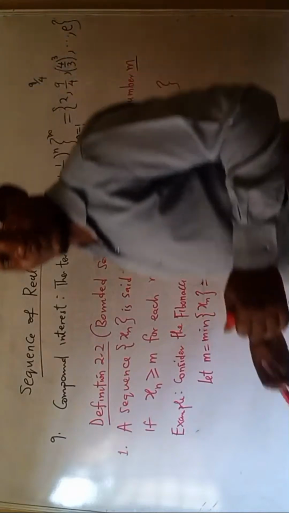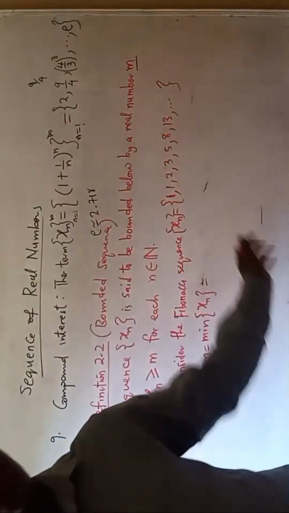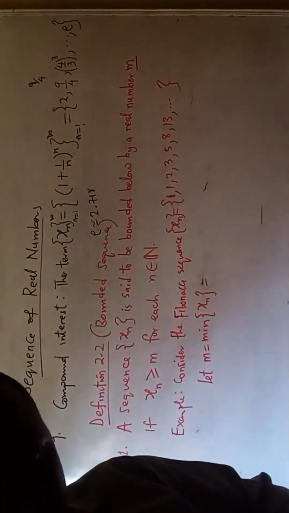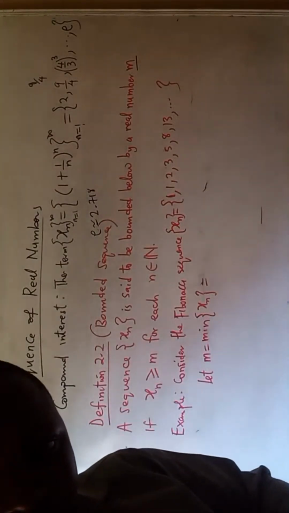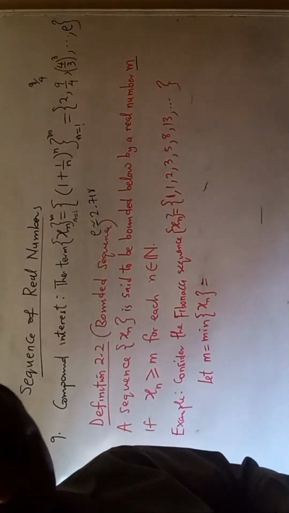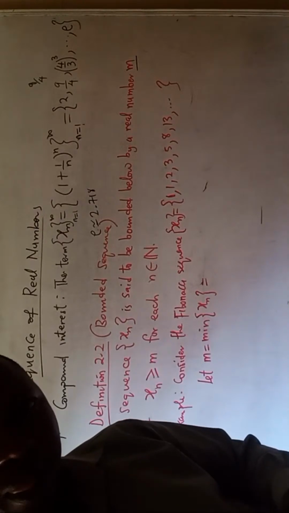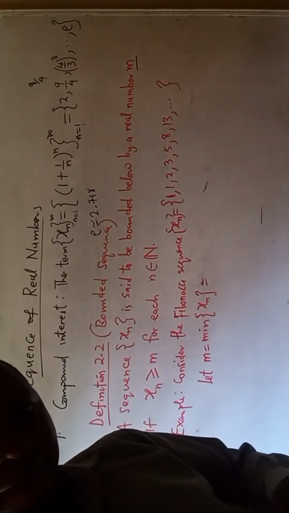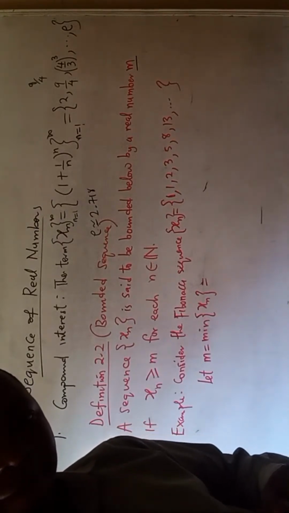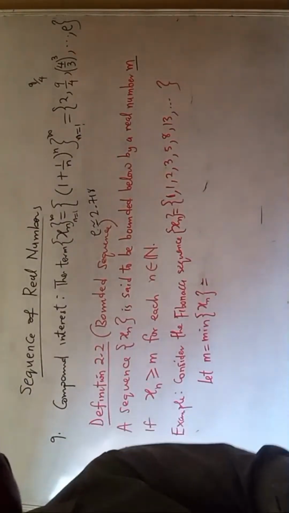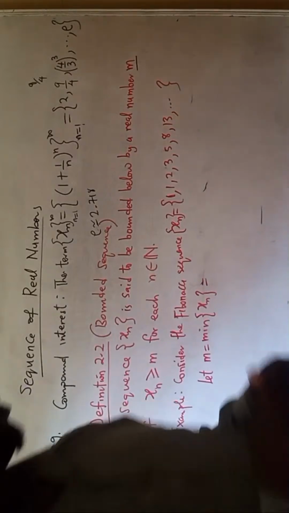I want the audience to tell me what is the minimum number in that sequence. What is the minimum? Samuel, what is the minimum of that? Okay, 1 is the minimum.